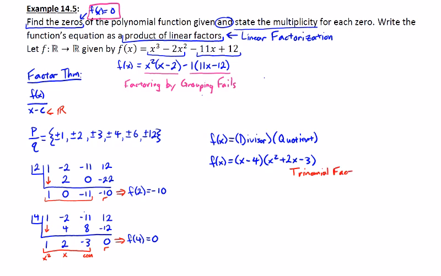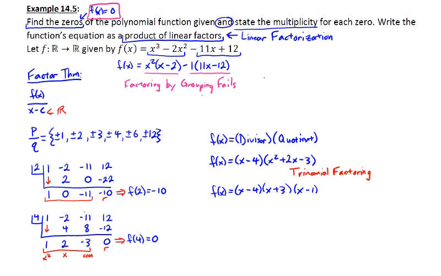We can apply trinomial factoring to the quotient, and we're going to end up with x plus 3 times x minus 1, and that would be as far as I could take this factoring.